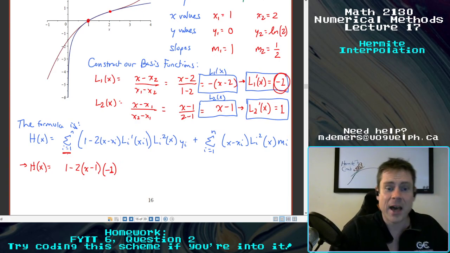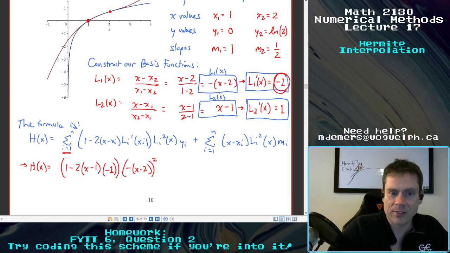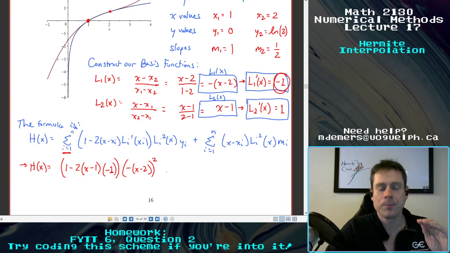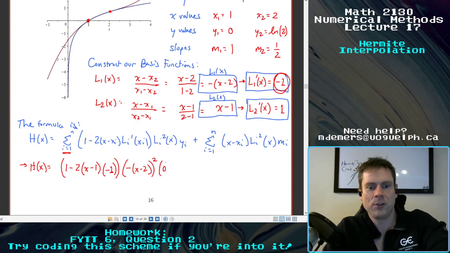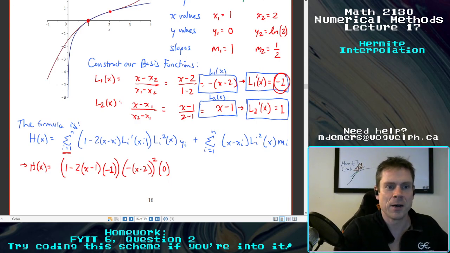Okay, that is going to be multiplied by Li squared of x, so L1 squared. L1 squared is going to be (minus (x minus 2)) squared, because that's L1 of x, and then I multiply by y1, and y1 is 0. So all of that work so far for nothing, but that's what the first term is going to look like. It's going to be worth nothing in the end, but heck, that's just how it goes sometimes.